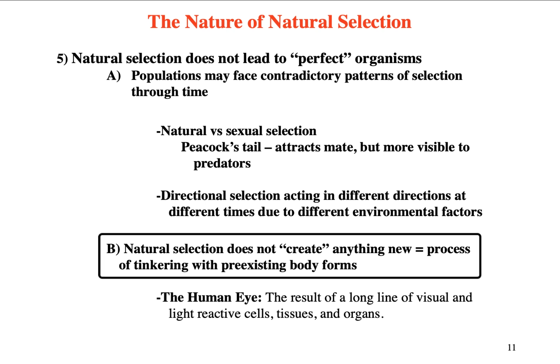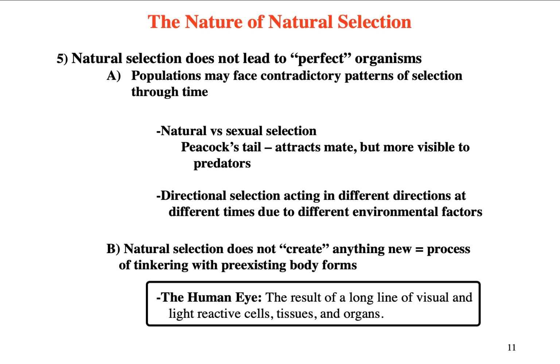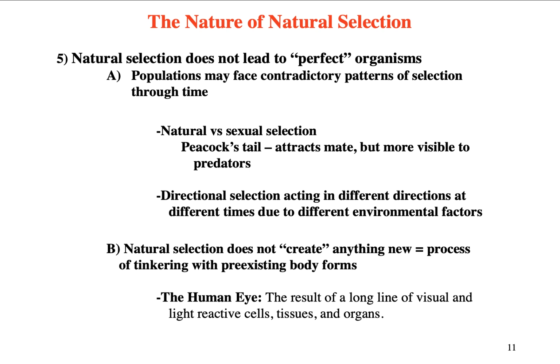Natural selection also does not create anything brand new. It tinkers essentially with pre-existing body forms, and then those eventually become established, such as the human eye. It's the result of a long line of visual and light reactive cells all the way back to very, very simple organisms.